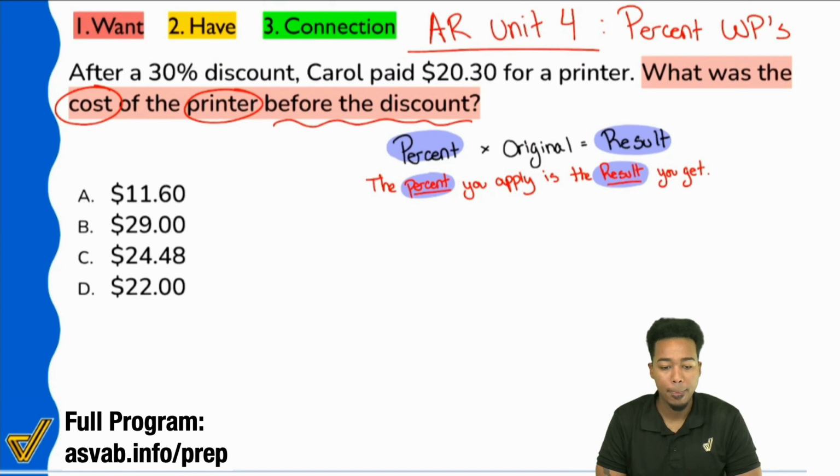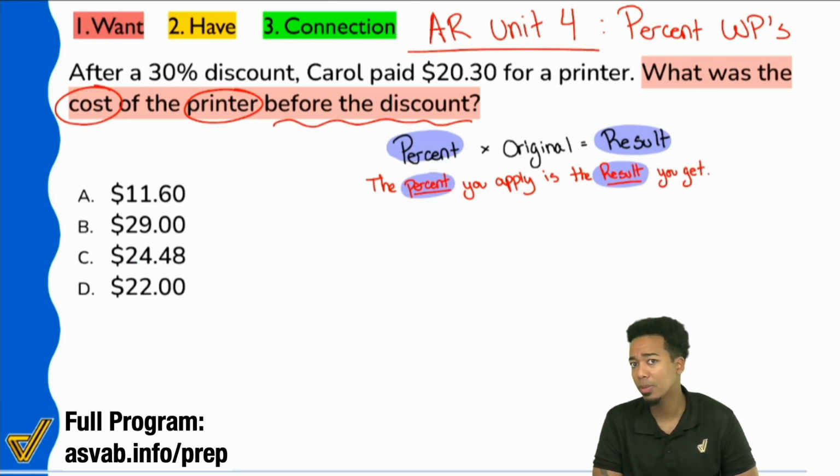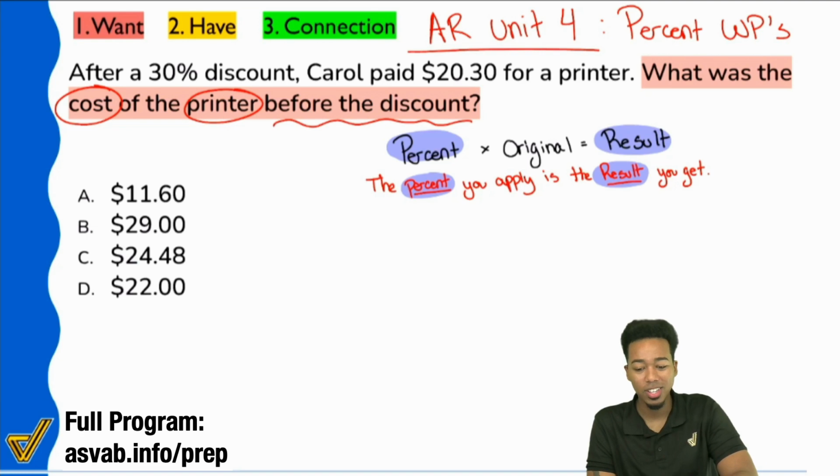We wanted the cost of the printer before the discount. If we're looking at our formula, which one of those pieces are we looking for? The percent, the original, or the result? Yeah, we are looking for the original.